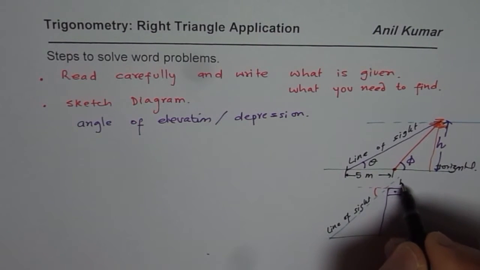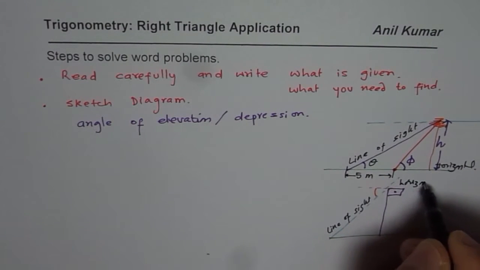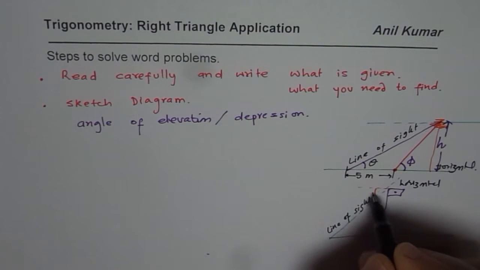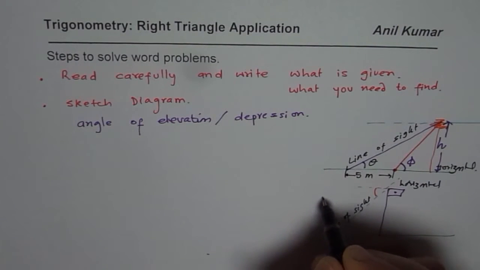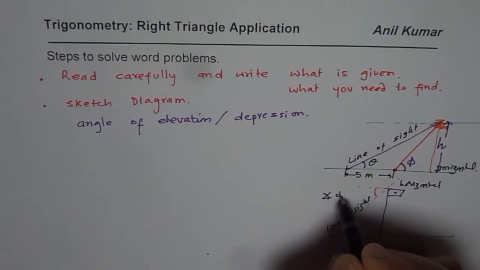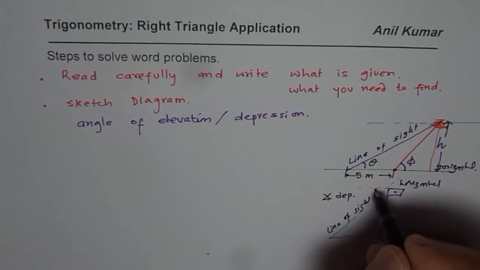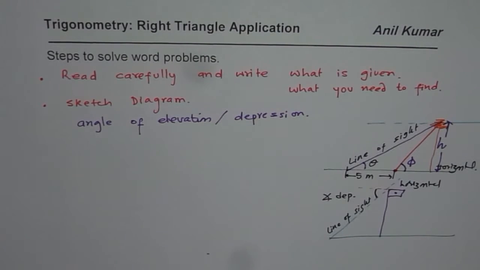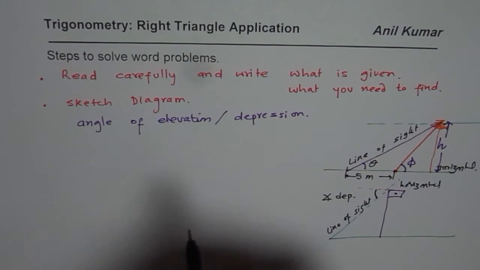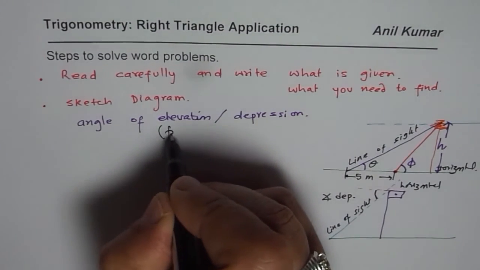And that is the horizontal. So this is the angle of depression, this one. Do you get the idea? So these two angles are always measured from horizontal.